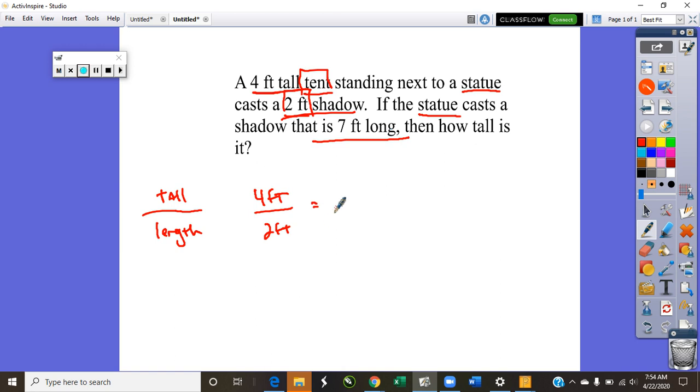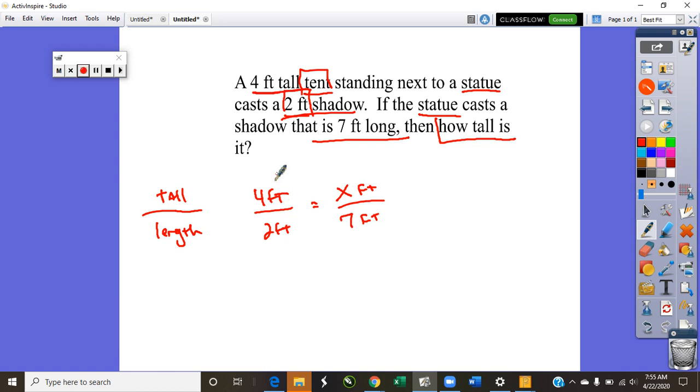So that long shadow, is that going to go on the tall? No, we're trying to find how tall the statue is. So we're going to put the variable up here and the length of the shadow down here. We've got the tent here, the shadow here.